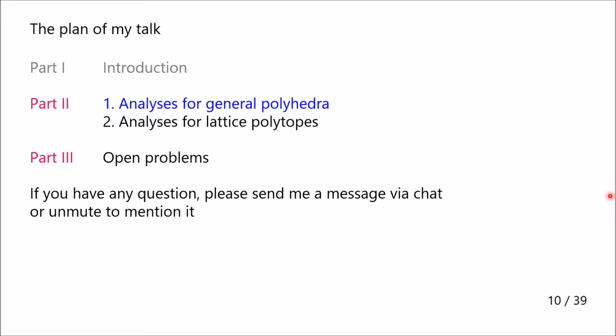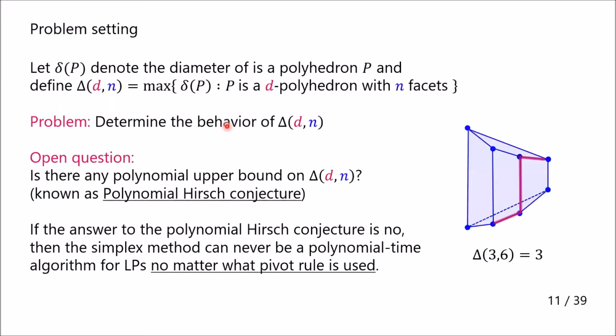Okay, now let's get into the technical part. I start with the analysis for general polyhedra. That is the first problem setting. Let capital Delta(d,n) denote the maximum possible diameter of a d-dimensional polyhedron with n facets, as defined like this.